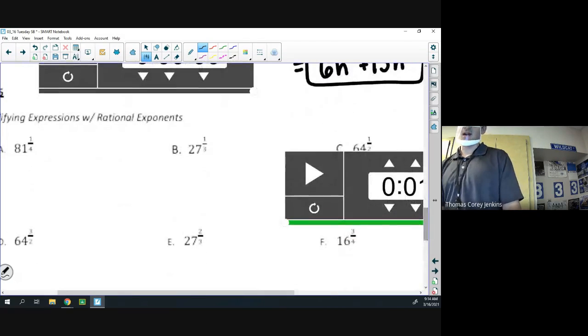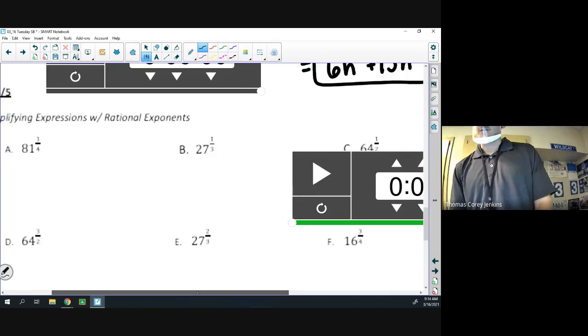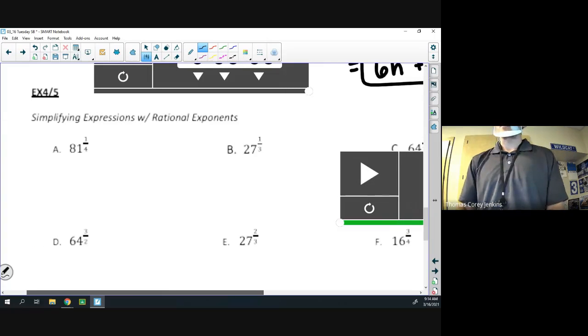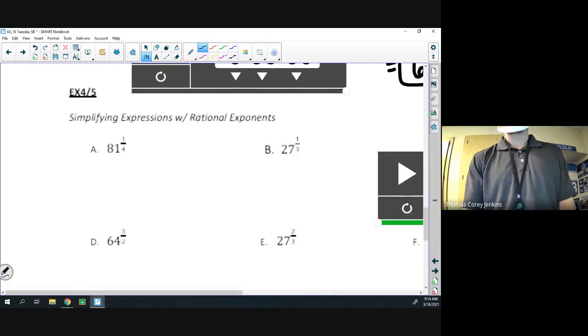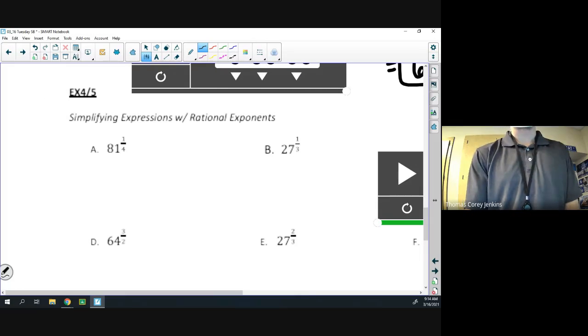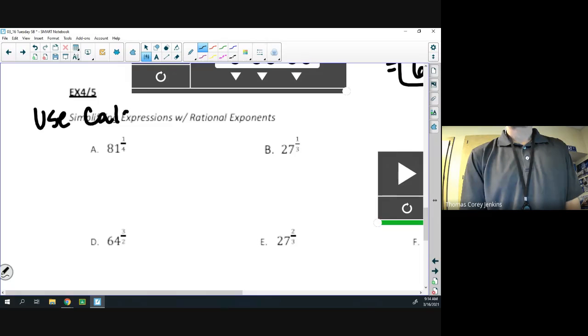All right. So for these fraction exponents, or these rational exponents, this is where your calculator is going to come into play. You're just going to use your calculator.